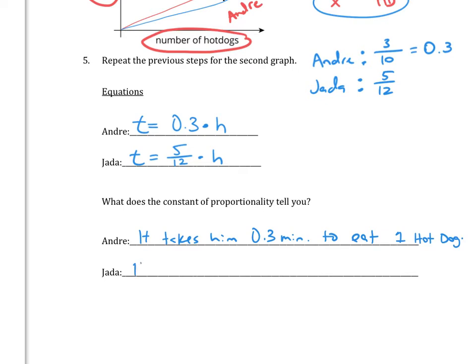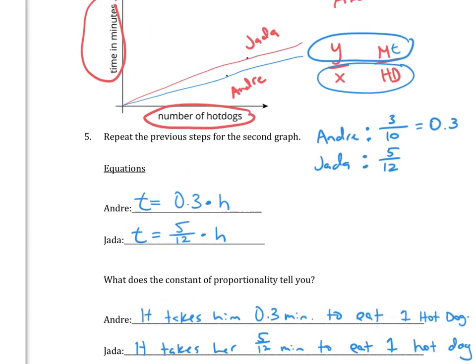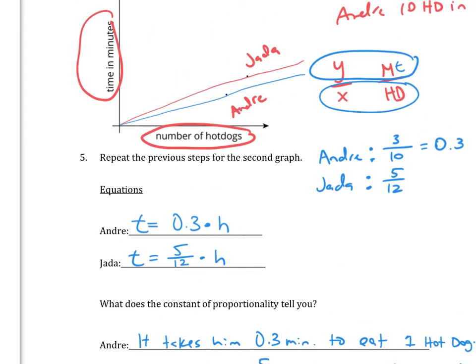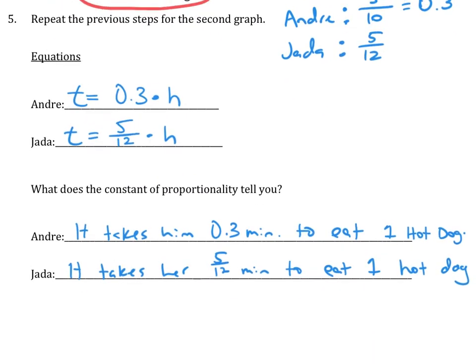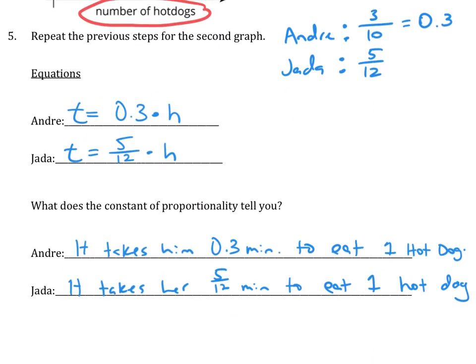And for Jada, it takes her 5/12 of a minute to eat 1 hot dog. Whenever you're trying to decide which is your value of 1, it's always what's in the denominator of your ratio. If you think back, we said our ratio had hot dogs in the denominator, so therefore that's going to be our 1 value.